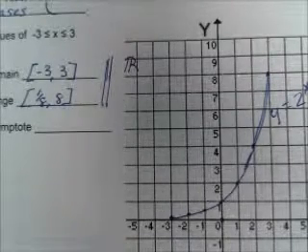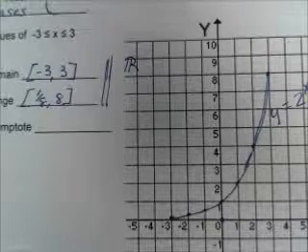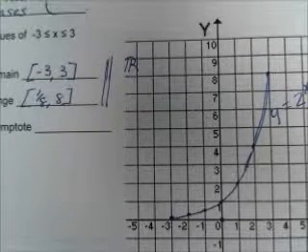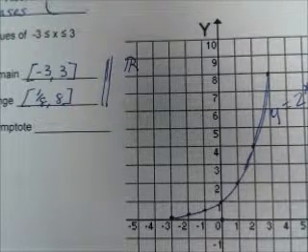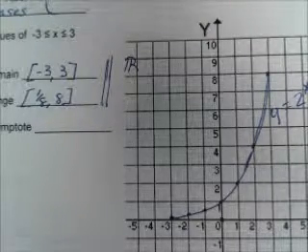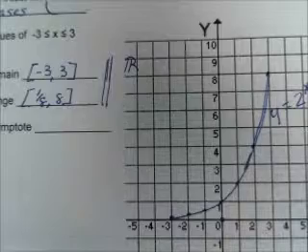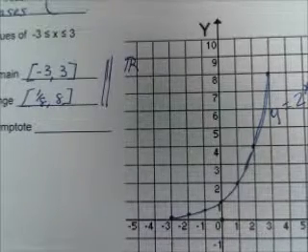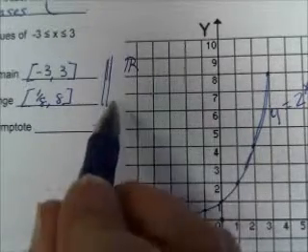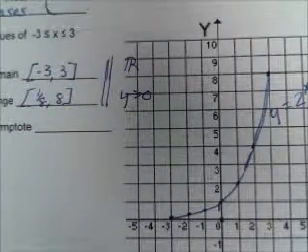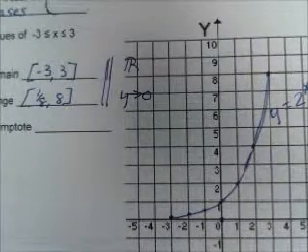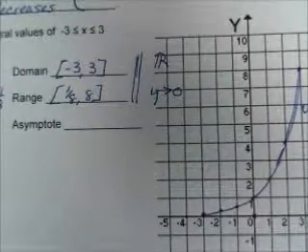And you could see that on the calculator if you were to look at the table of values on the calculator. I don't want to bring it in the calculator just now. So the range would be all values of y that are greater than 0, because there's what we call the asymptote. Remember what an asymptote is?